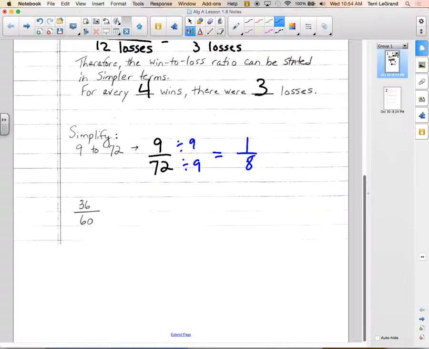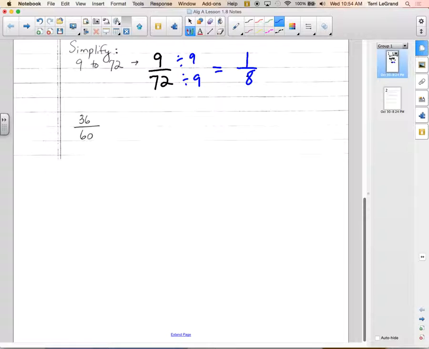So if the comparison originally was for every 9 of something, there's 72 of the other, we can say that in simpler terms is for every 1 of that something, there's 8 of the other. Just simpler terms. Okay, you go ahead and simplify 36 over 60.